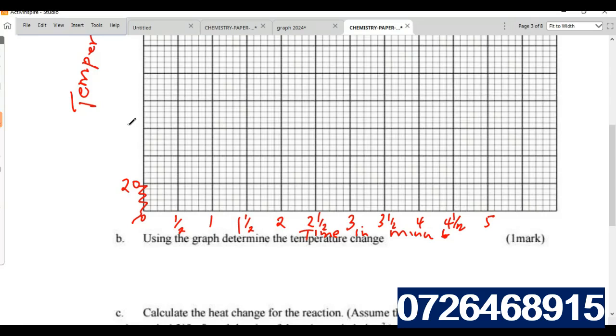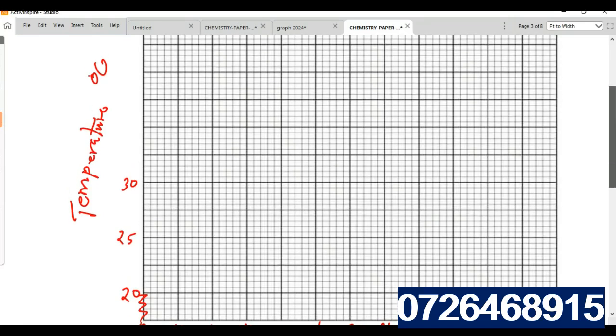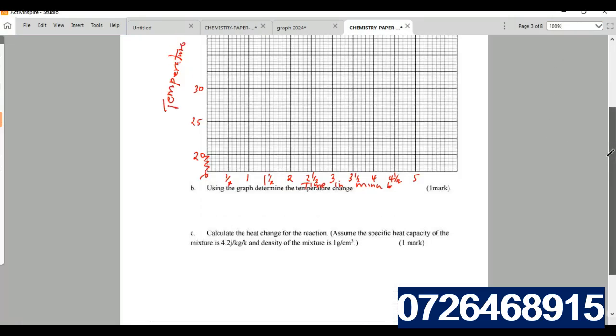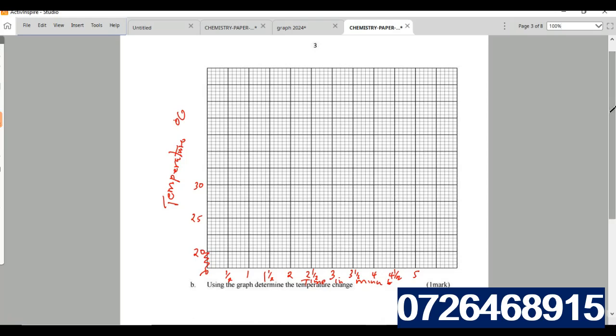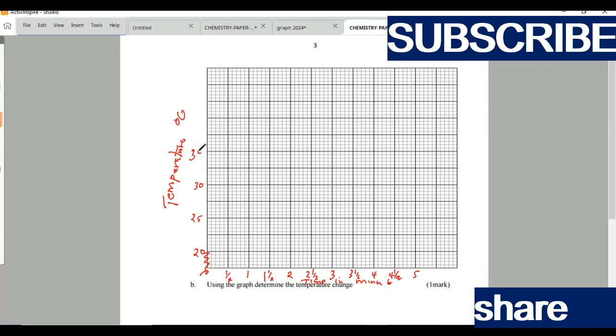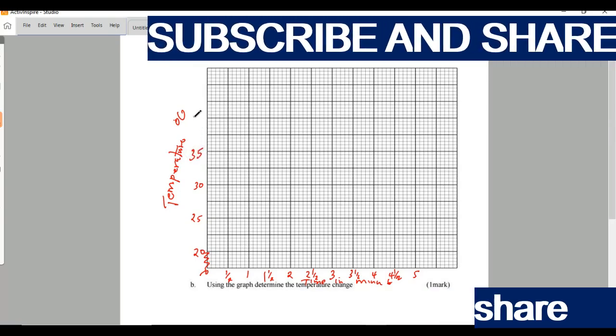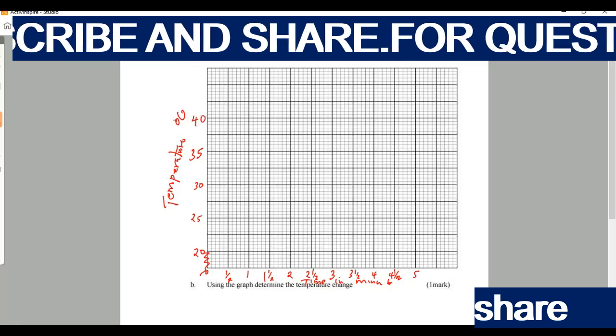If this is 20, we can put 25 here, 20, 30 here, so that we can cover the larger space of the graph. So here that is 35, and then here is 40, like that.